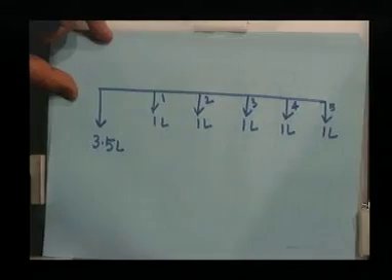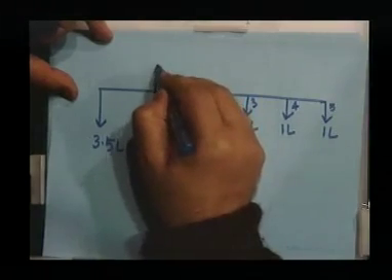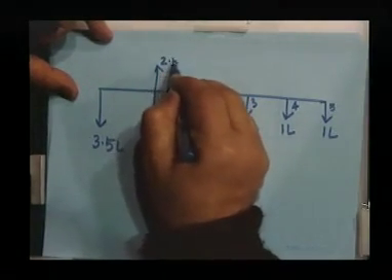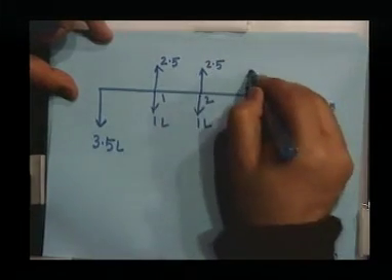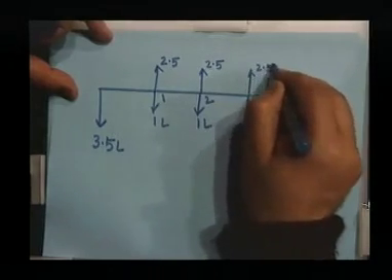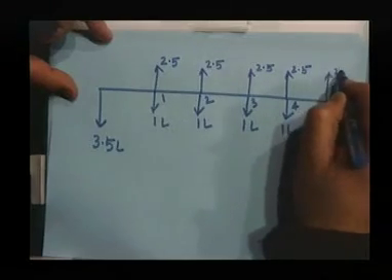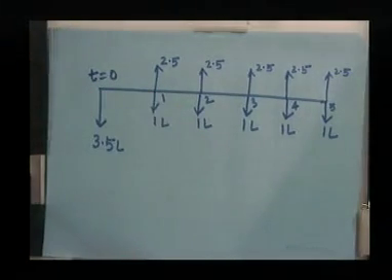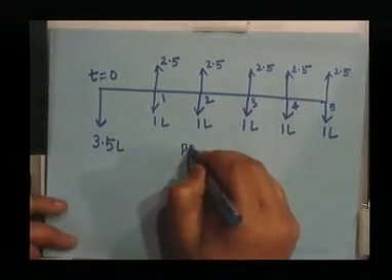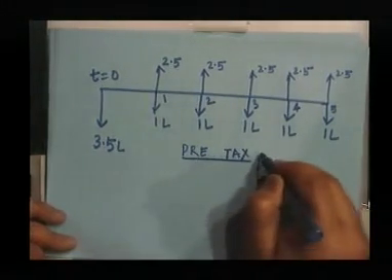No salvage value. And in addition to this, I am given the information that the annual income using this equipment is 2.5 lakhs, 2.5 and 2.5. This is at time t equal to 0. This is the pre-tax cash flow diagram for the third case.